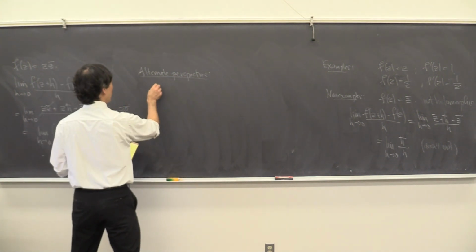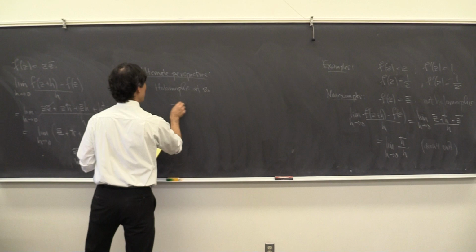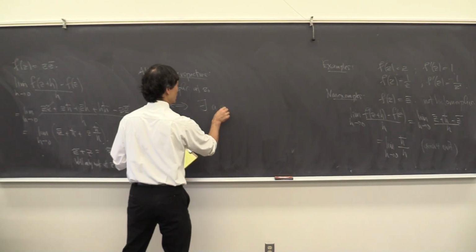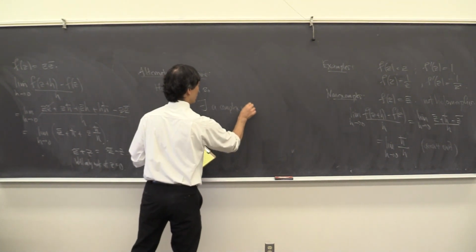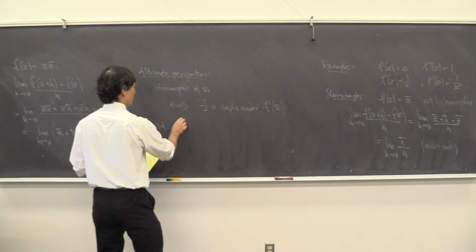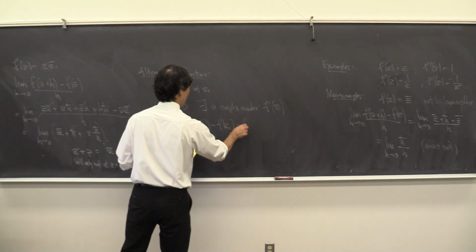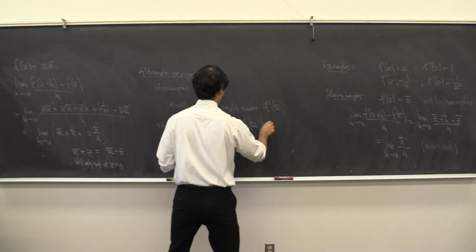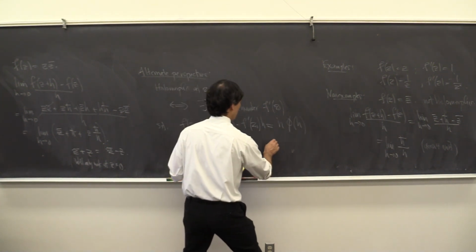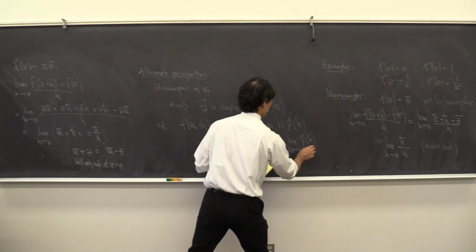Another way of thinking about holomorphic at z naught is to realize that it's the same thing as saying that there exists some complex number, f prime z naught, such that f of z naught plus h minus f of z naught minus f prime z naught h is h times some function phi of h, such that the limit of phi of h as h goes to 0 is 0.